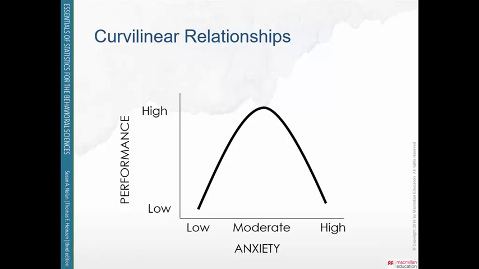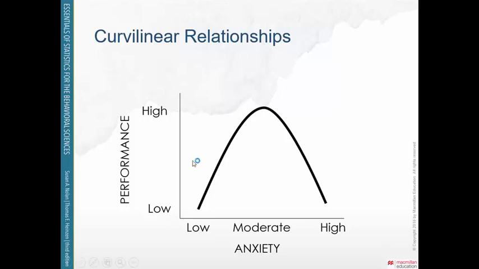The issue is that if you do find a curvilinear relationship, you don't want to run a Pearson correlation coefficient, Pearson r, because Pearson r is looking for a linear relationship between the variables. The statistic will tell us how the two variables are related in a linear way, or in a line.